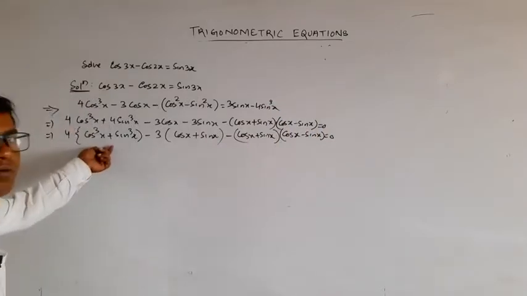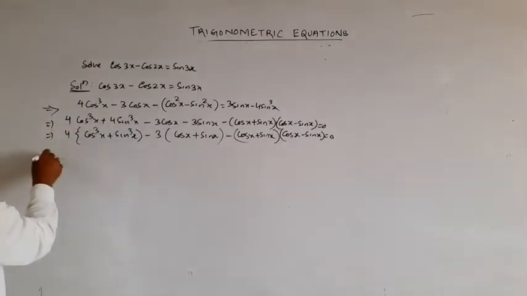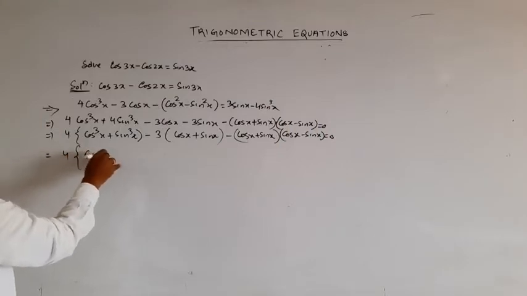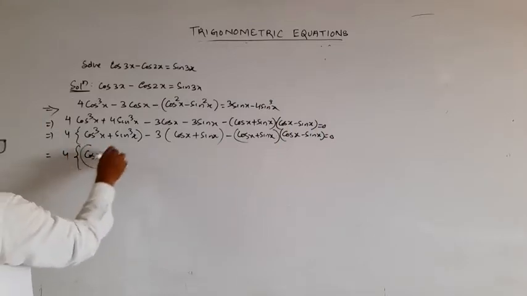So this is a cube plus b cube. So a cube plus b cube means what? A plus b into a square plus b square minus ab.